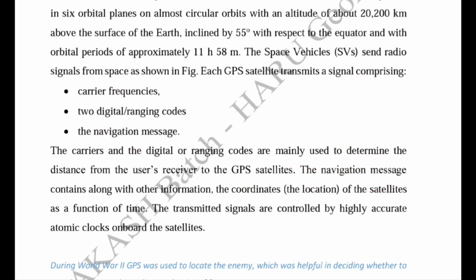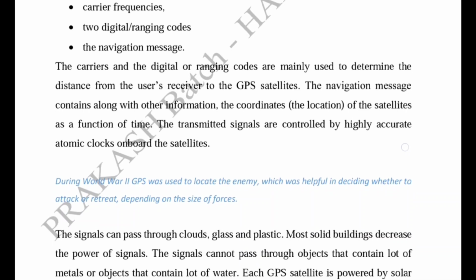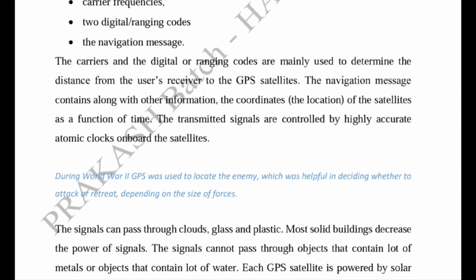If we want to know our unknown position, we have to decode this transmitted signal, and it is decoded by our GPS receiver automatically, because it has some software.